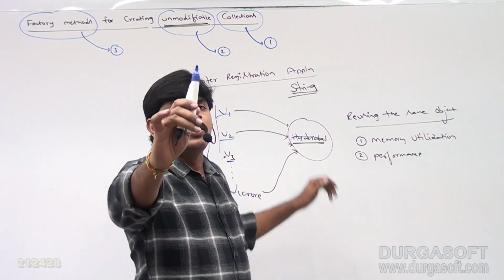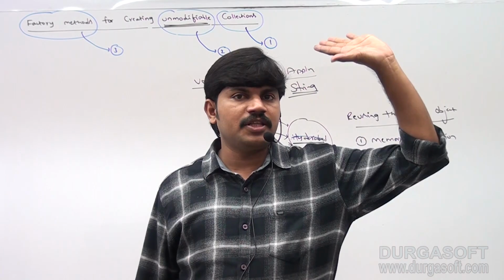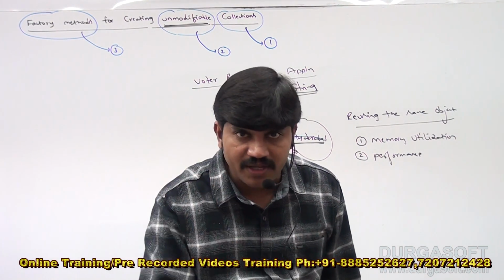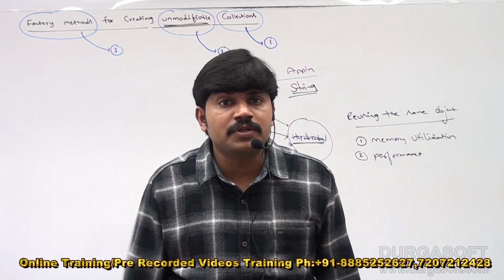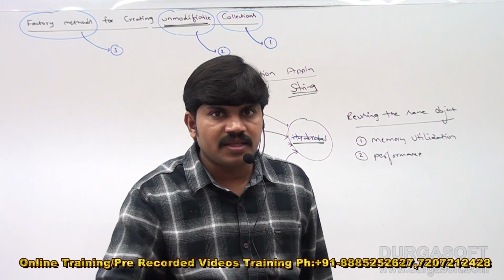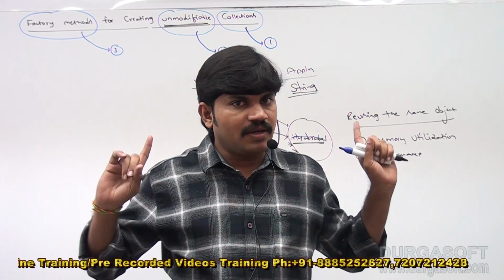Such non-changeable objects are nothing but immutable objects. Remember this, sir. Wherever reusability is there, wherever you want memory utilization and performance improvements by reusing the same object, compulsorily there we have to implement the immutability concept. Clear for all of you?